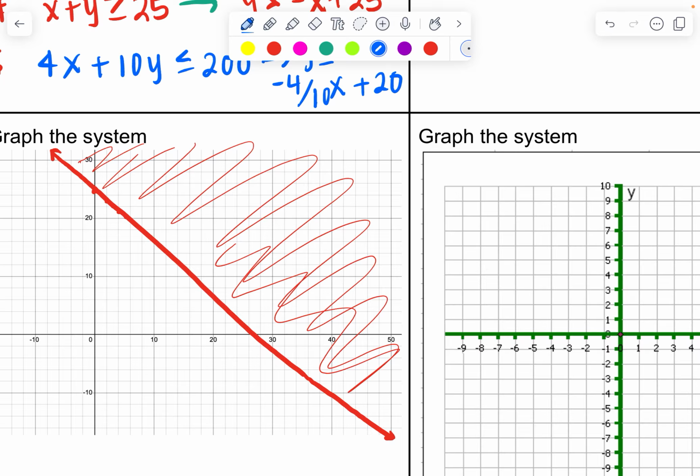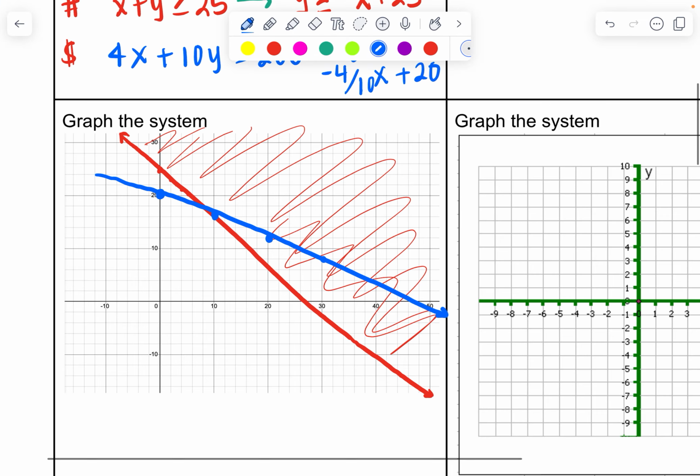And then our other equation has a y-intercept of 20, and our slope is -4/10. So down 4 over 10. We'll do that a couple times here. Draw in that line.